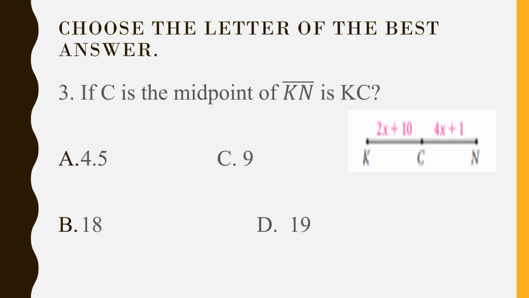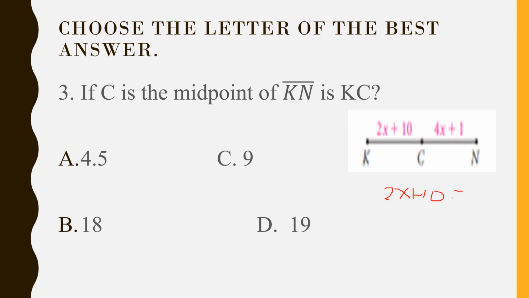Alright. So if C is the midpoint of KN, what is KC? From the previous one, 2x plus 10.